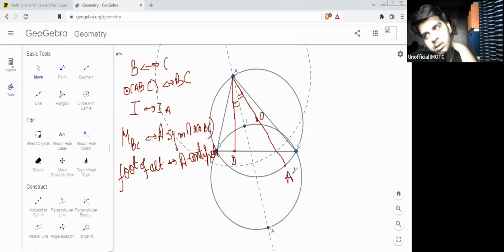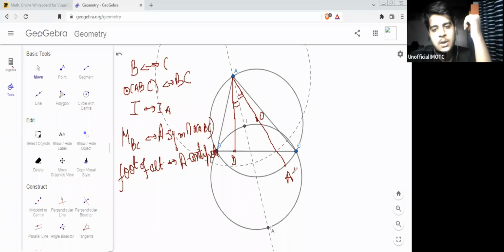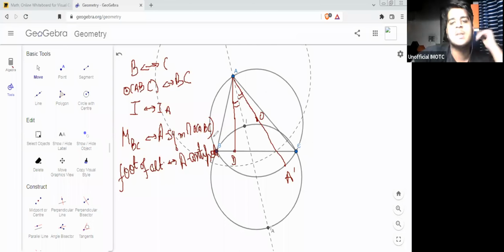The image of the 9-point circle would go to the circumcircle ABC. Yeah, the 9-point circle will go to the circumcircle. Because every foot of altitude goes like A dash with A dash dash. No, wait, that shouldn't be true. See, if you take the 9-point circle, D lies on that, M lies on that.